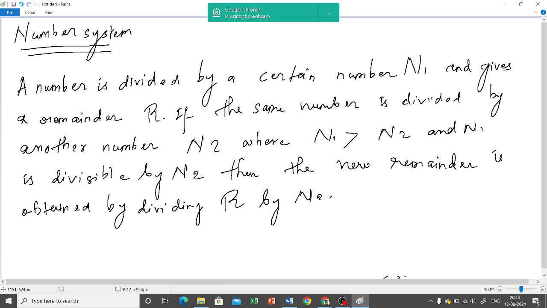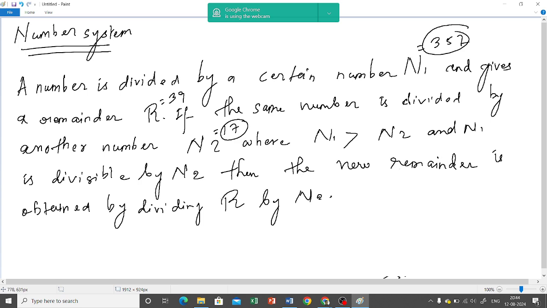A number is divided by a certain number n1, so here n1 is 357, and gives remainder r, so here r is 39. If the same number is divided by another number, here 17, n1 is greater than n2, that is correct, and n1 is divisible by n2. 357 is divisible by 17, yes it is, 17 twos are 34.